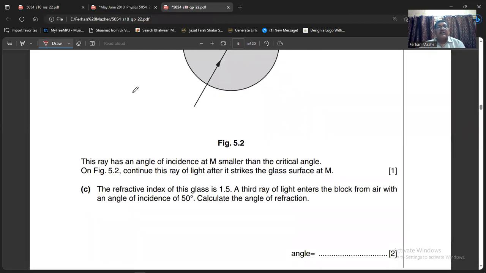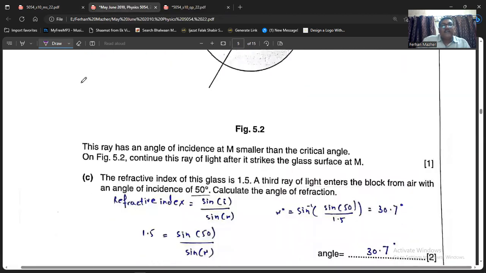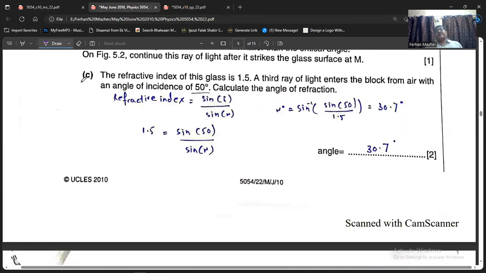So our answer is right. Okay, then they say the refractive index of this glass is 1.5. A third ray of light enters the glass block from air with an angle of incidence of 50 degrees. Calculate the angle of refraction. Here we use Snell's law. Snell's law says that n, the refractive index, is equal to the ratio of sine i by sine r.